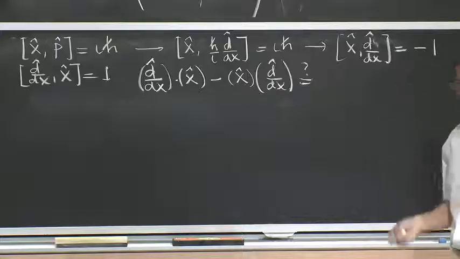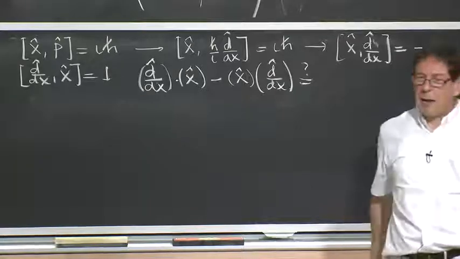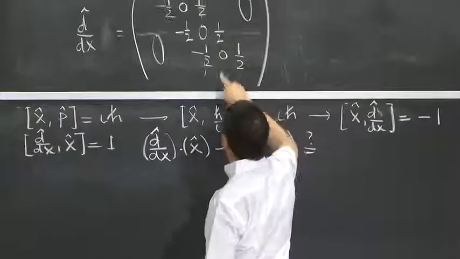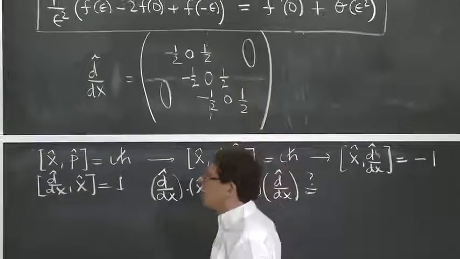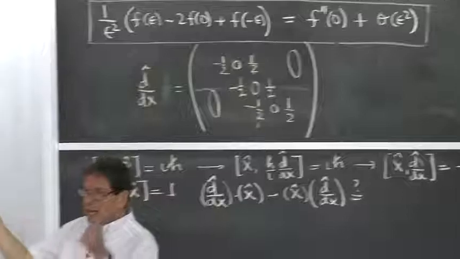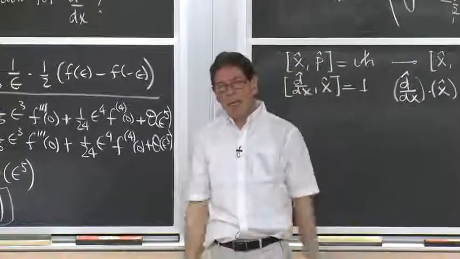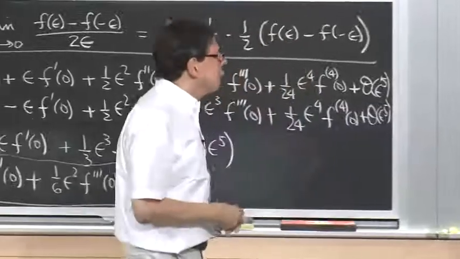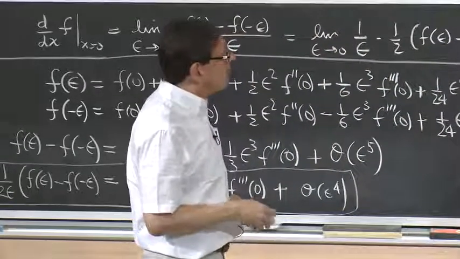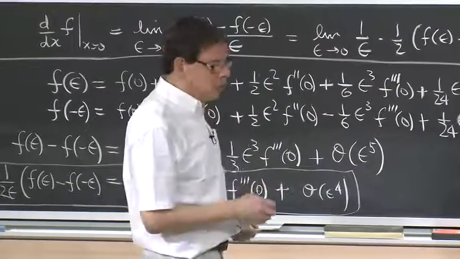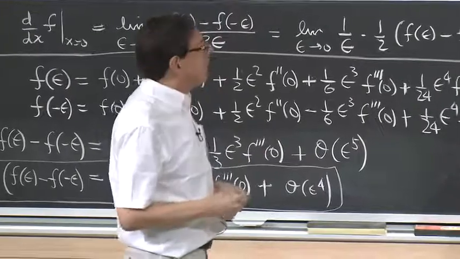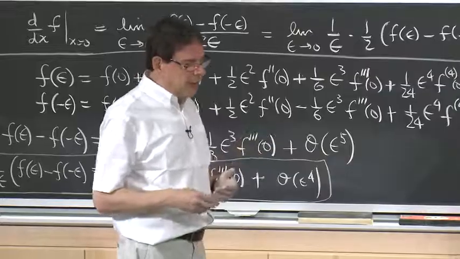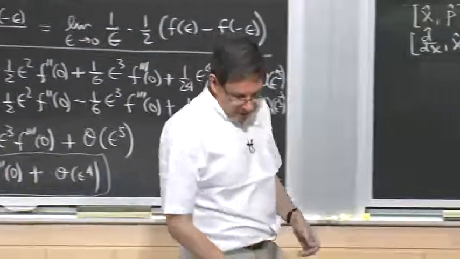Now, these are infinite matrices. You say, oh, I can't multiply those, but you could take a 3 by 3 approximation of it, or a 5 by 5 approximation of it, and multiply it and compute the commutator. You could do it with a computer, that's all right too. It doesn't take much time, and you will see the pattern emerging quite quickly. And the pattern is that you get a funny matrix as an answer.